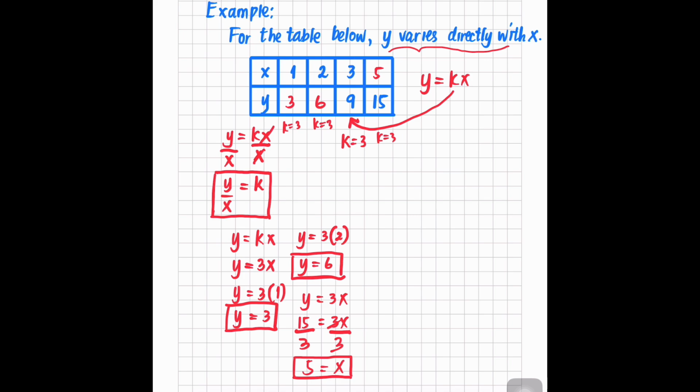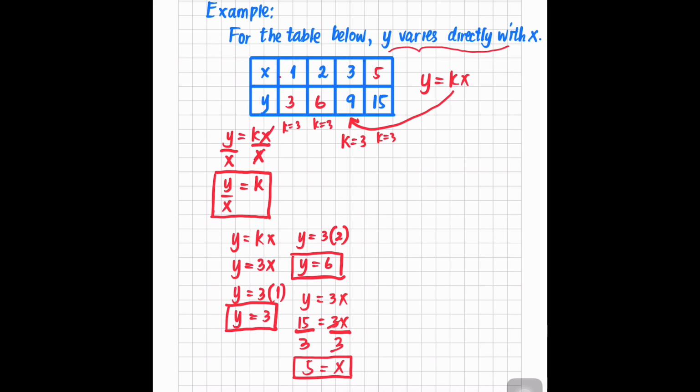So now, since the table is complete, it actually shows us that this table explains direct proportion. Because if you take a look at the values of x, as x values increase, the y values also increase. But take note, same rate of change or constant of proportionality for every single pair. Now, since the table is complete, then we can start graphing.